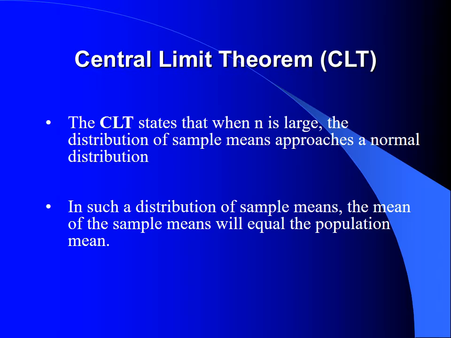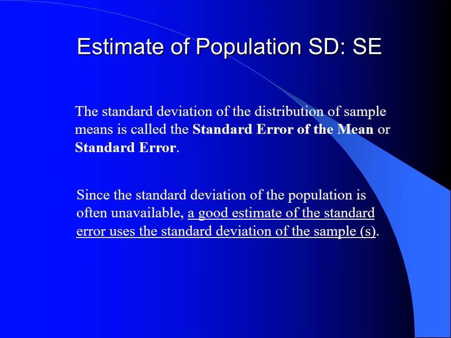In such a distribution of sample means, the mean of the sample means will be equal to the population mean, which is what we are going to use. Our sample mean is a point estimate of the population mean.